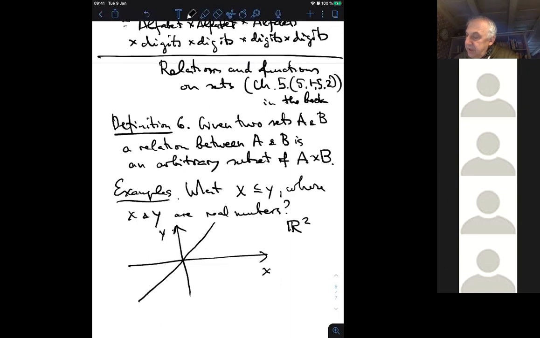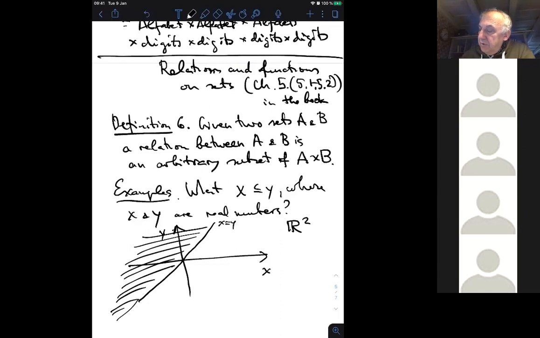If we draw the diagonal x equals y, then we have to take the half plane to the left of this line. In this half plane, x is smaller or equal than y.